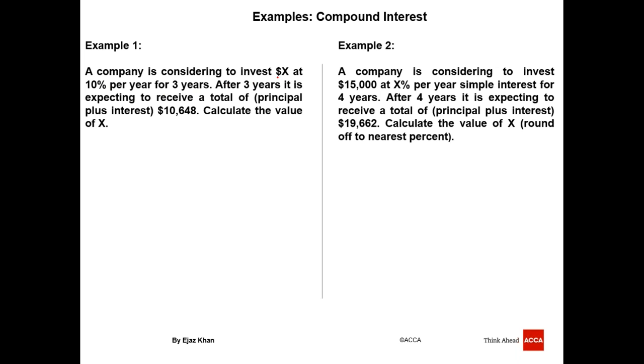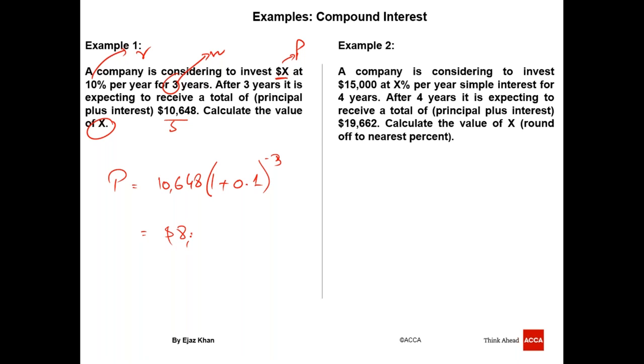A company is considering to invest X dollars at 10% per year for 3 years. After 3 years, it is expected to receive a total of 10648, which is the sum. This is P, this is R, and this is N. So what we need to find out is the value of X, which is P. So P will be equal to S, 10648, into (1 plus 0.1) raised to the power minus 3.